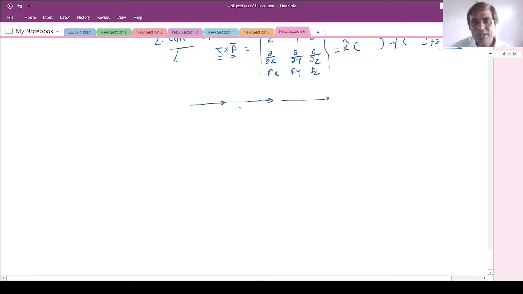In this particular row, this magnitude and this magnitude are the same, this is x1, and this is also x2, x2, x2. So like this the field is there, and the flow is something like this.